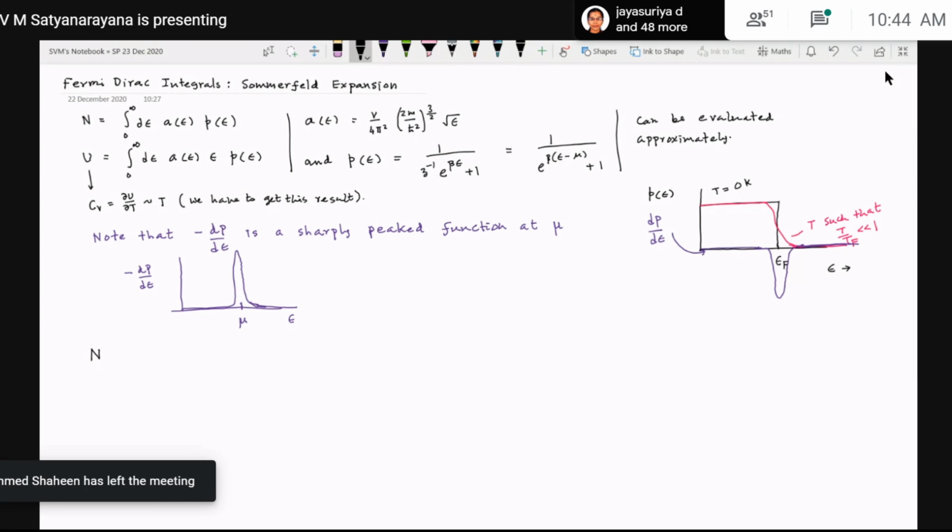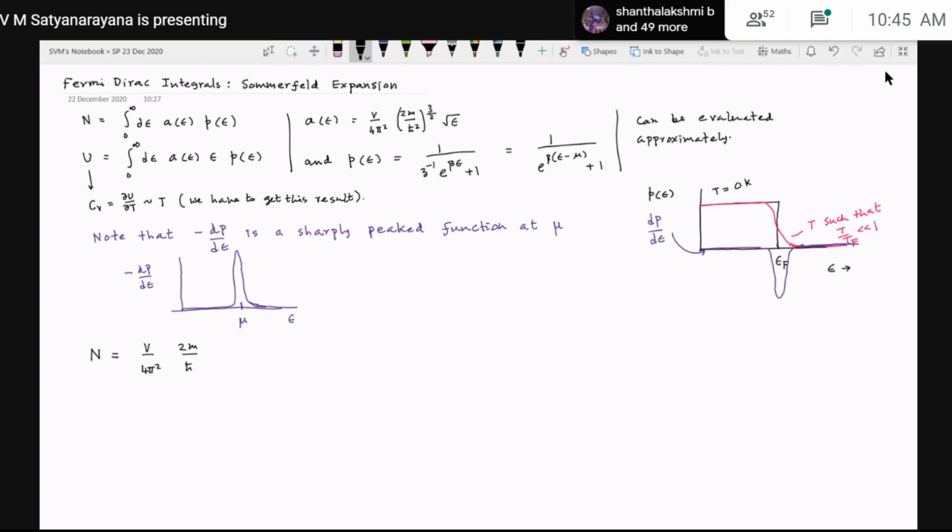So n is equal to V divided by 4 pi squared into (2m by h bar squared) to the power 3 by 2, integral 0 to infinity epsilon to the power half, that is my density of states, into 1 divided by e to the power beta (epsilon minus mu) plus 1, d epsilon.